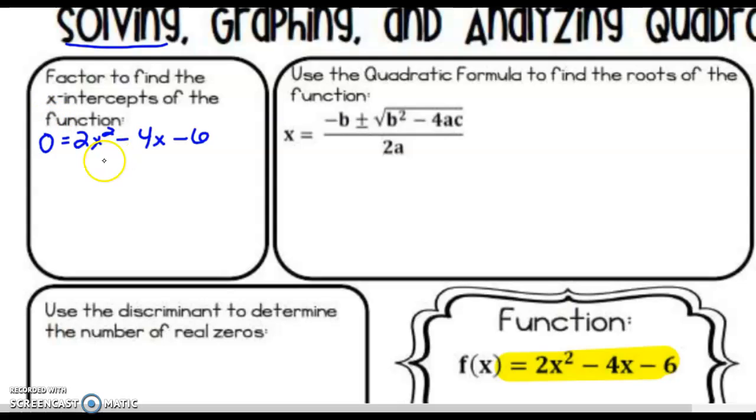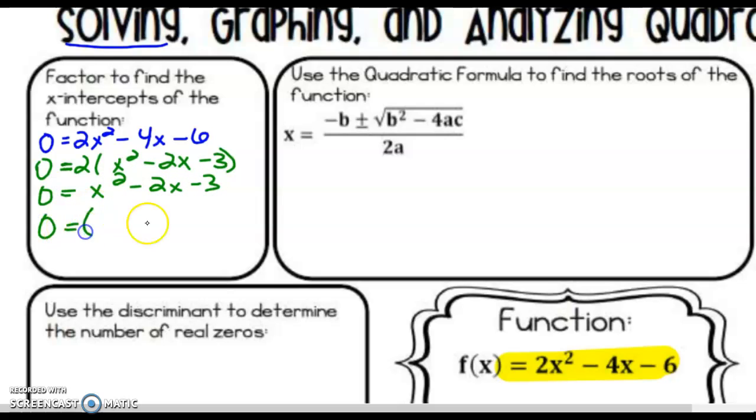Now for factoring, notice that we can take a 2 out of all these. So we pull a 2 out, and we're left with x squared minus 2x minus 3. And then we can divide both sides by 2 to get x squared minus 2x minus 3. From there we can factor.